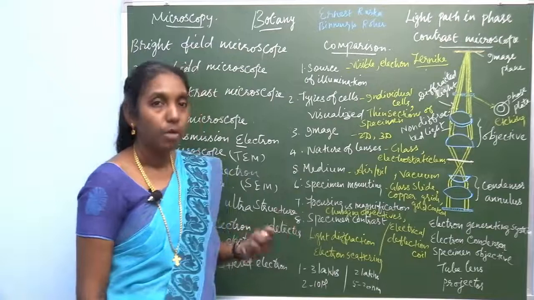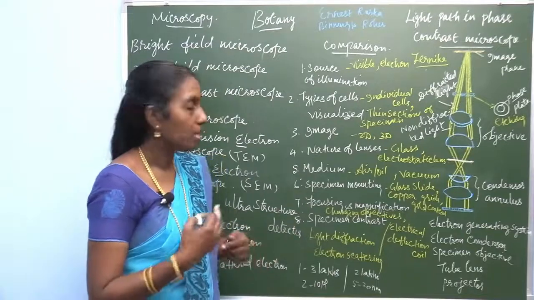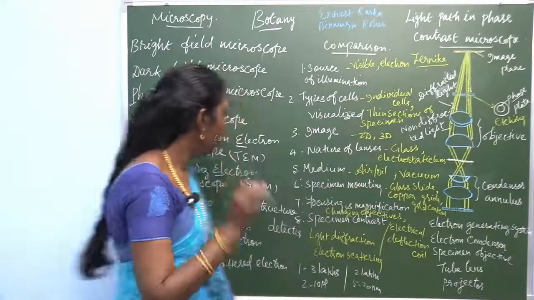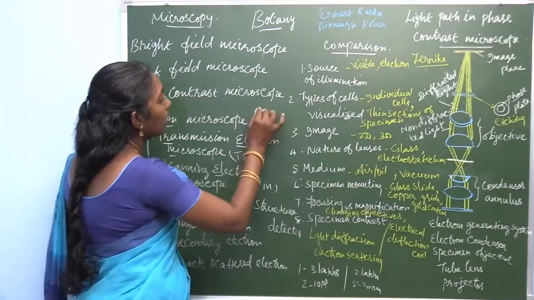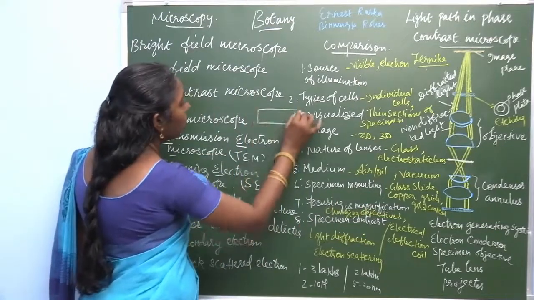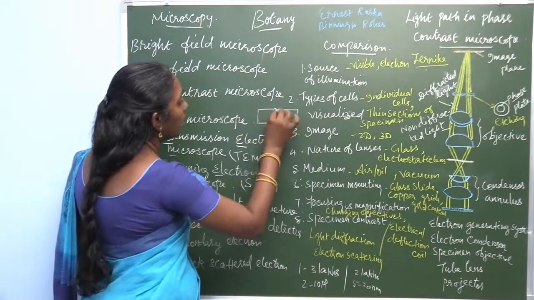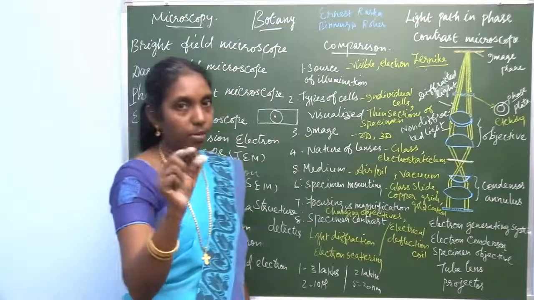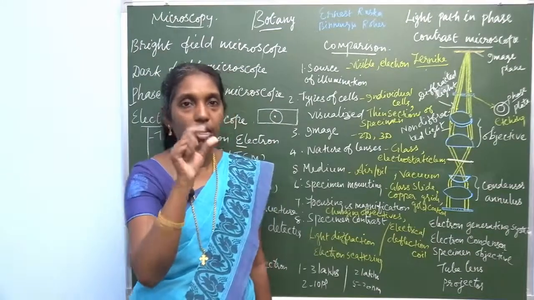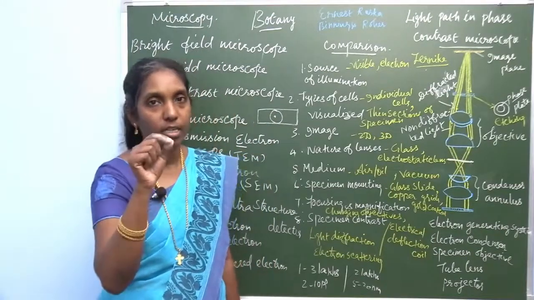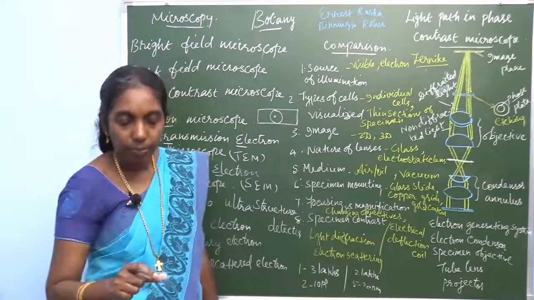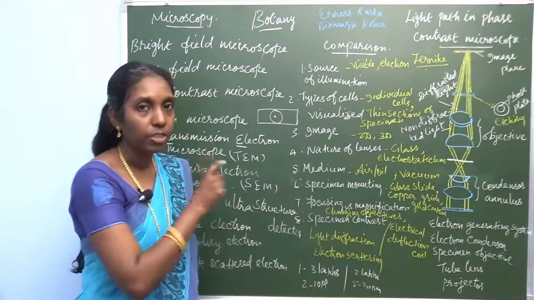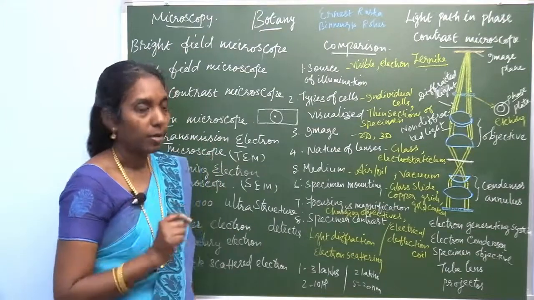And specimen mounting, how the specimen is mounted. In an ordinary microscope, there is a glass slide, a microscopic slide, which contains a cover slip. In the center you may find a spot, that is the specimen. With the naked eye we cannot see it, only a spot is present. But when you keep it under the microscope and focus it, you may visualize the image of this specimen.